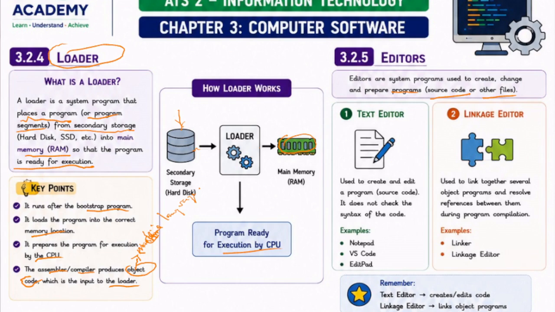So now we have text editor and we have linkage editor. A text editor is used to create and edit a program, source code, which is high level language, or low level language.